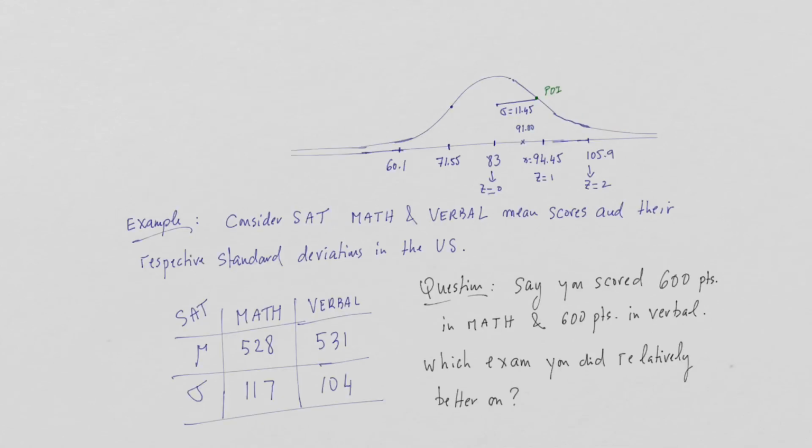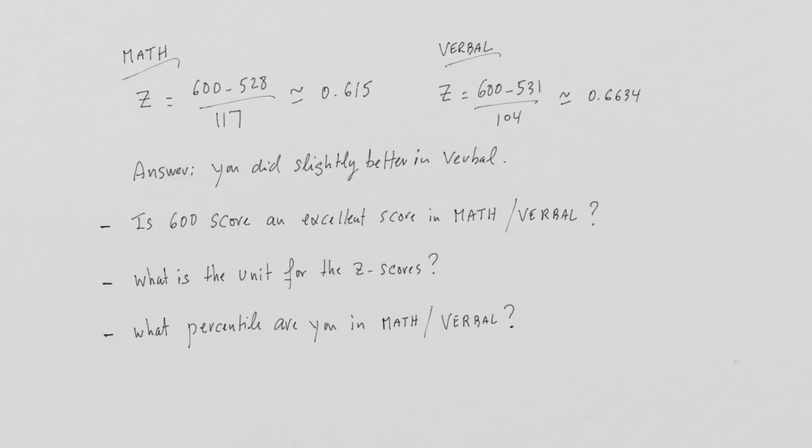Go back to the normal distribution. If we deal with math, 528, 117. 528 and 117.